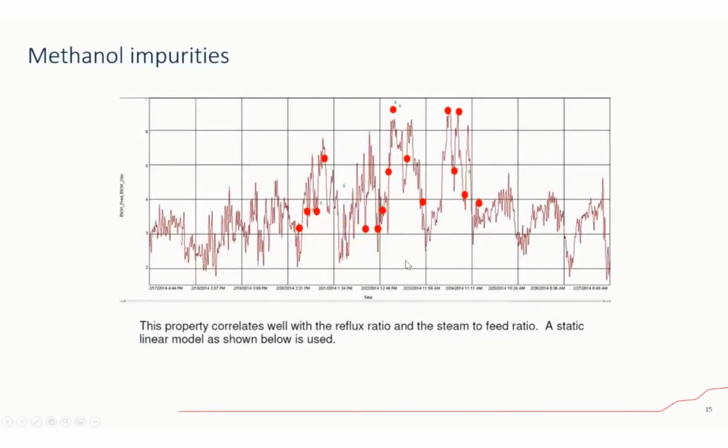What you see in red, those are lab data points. And what you see in brown is the prediction. This is a steady state prediction of the quality. As you can see here in the scale, it is a scale from 2 ppm to 7 ppm. It sounds incredible, but actually you could get to that accuracy in this case.